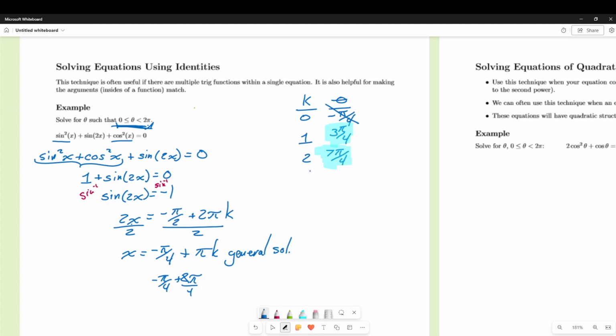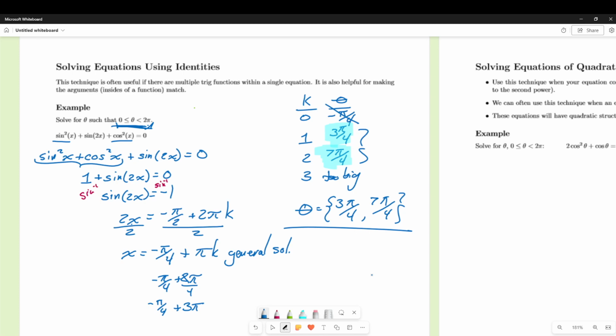And then if we let k equal 3, we're going to be adding 3 pi, and that's going to get us past 2 pi, so that's going to be too big. So, hey, we got a couple of solutions. So 3 pi over 4 and 7 pi over 4. Great. That's your solution set.